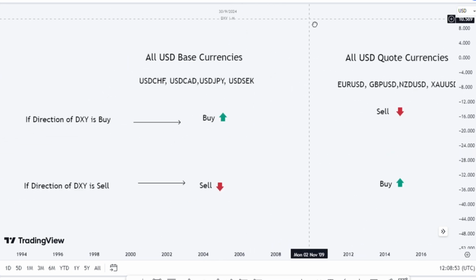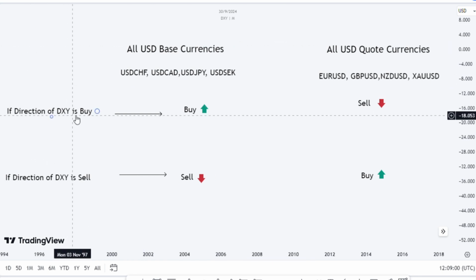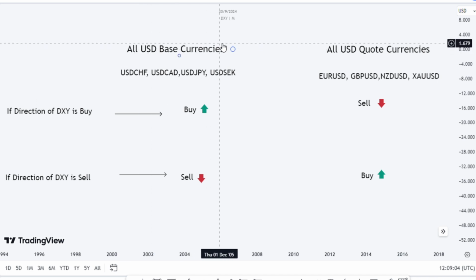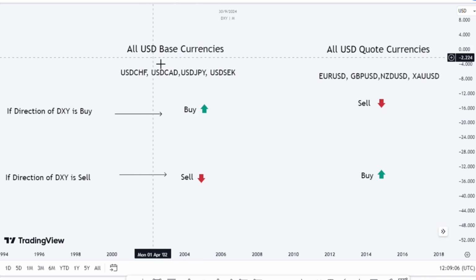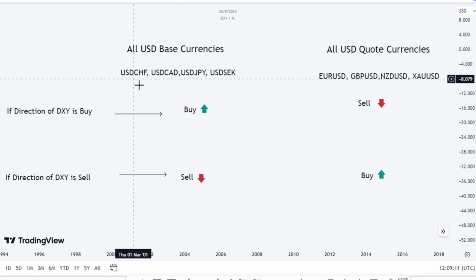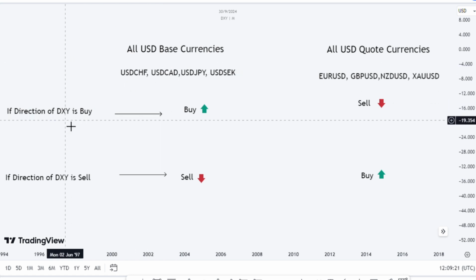So when we analyze the DXY and you get the direction of the DXY as buy, all USD based currencies, that is all currencies that have USD as their base currency, like USD CHF, USD CAD, USD JPY, USD SEK, all these USD based currencies would have a buy, because the direction of DXY is buy.